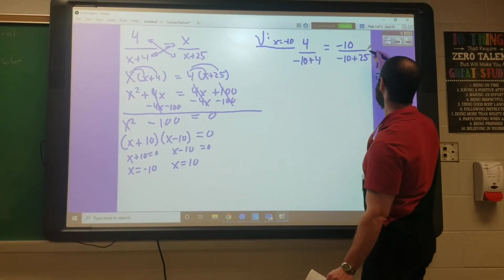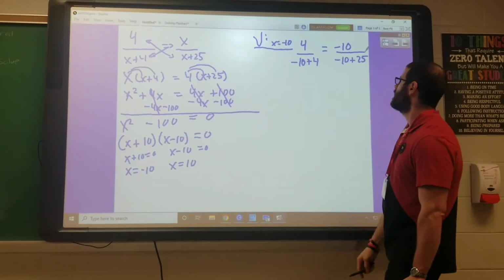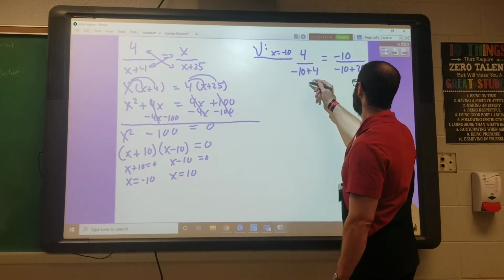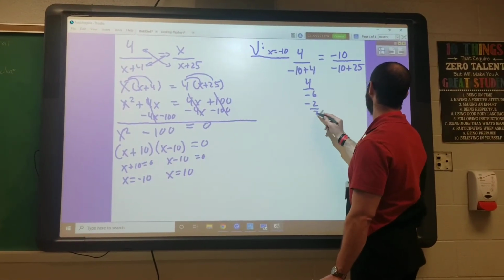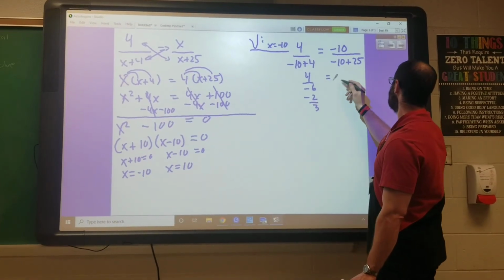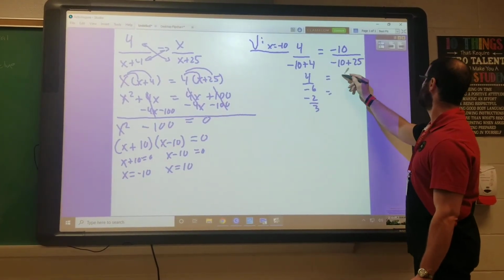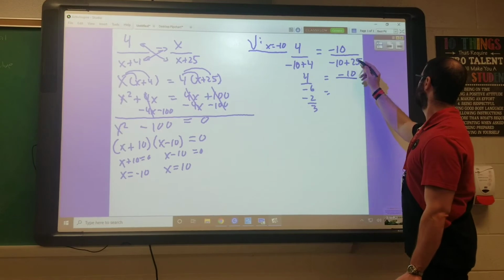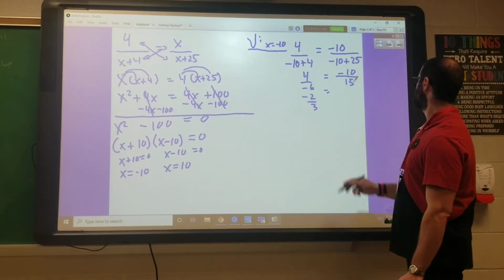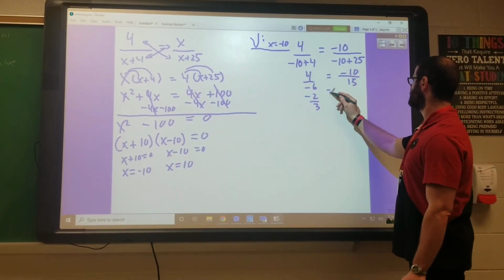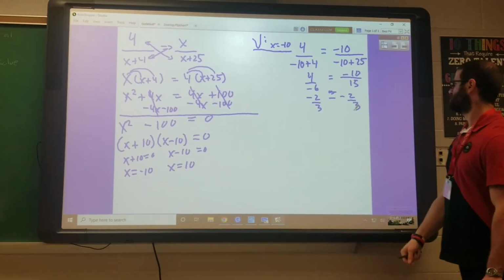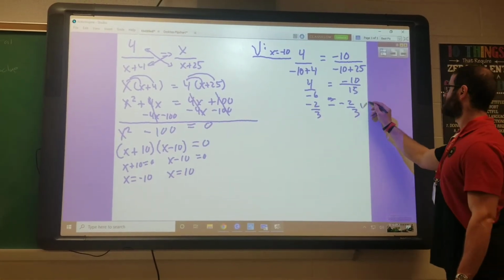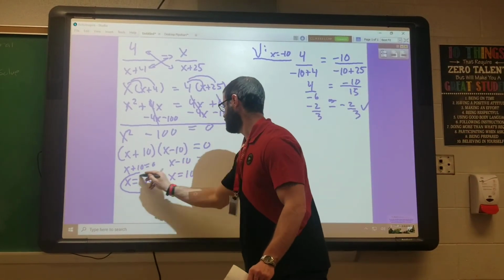So I replaced all my x's with negative 10. What I get here, I get 4 over negative 6, which simplifies to negative 2/3. So over here, on the right side, I get negative 10 over 15, which also simplifies to negative 2/3. Okay, so both sides of the equation are equal. Good. So negative 10 works.